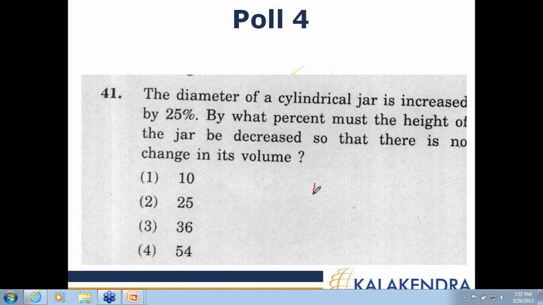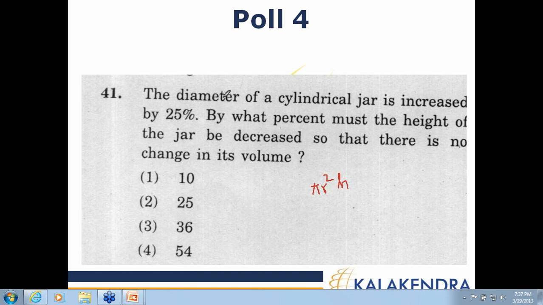So if I look at the volume of a cylindrical jar, it's pi r square h. Now our diameter is increasing by 25%, so r again must be increasing by 25%.